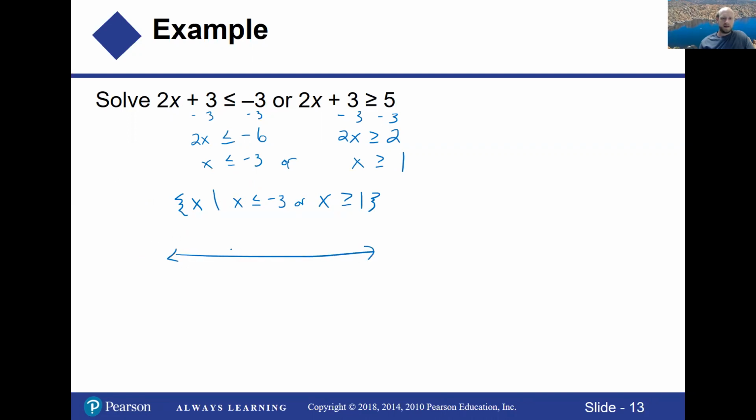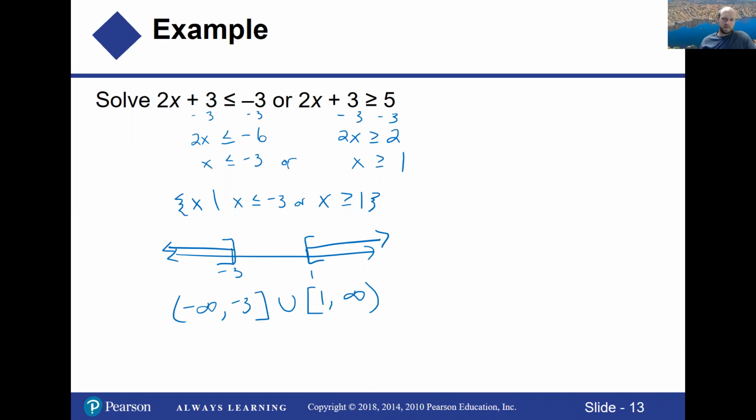Okay, so I have a -3 and a 1. And this would have bracket going off to the left, and then a bracket going off to the right. And that would be negative infinity, comma, -3, right bracket, union, left bracket, 1, comma, positive infinity.